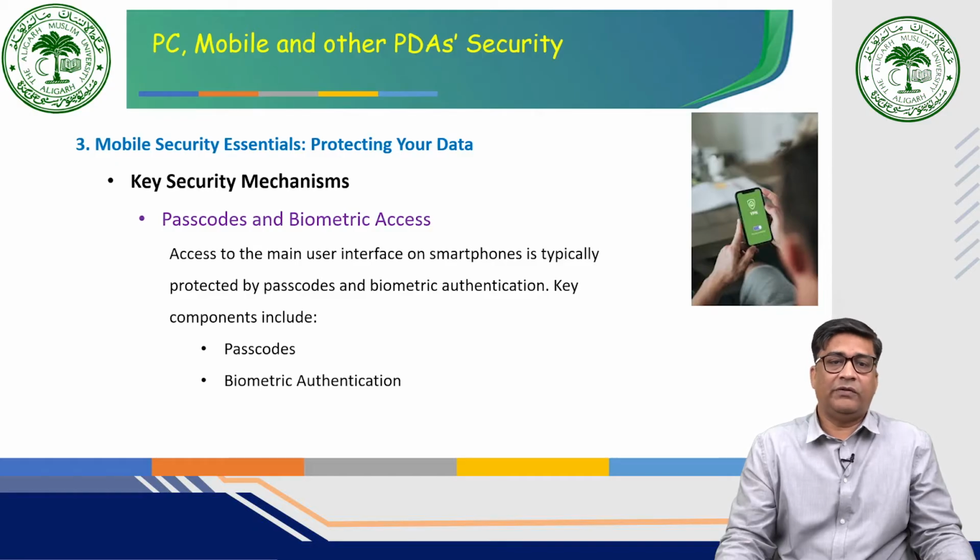Some of the technologies included here are passcodes. Smartphones use passcodes, which can be either alphanumeric or numeric, to restrict access. These codes can differ in complexity and length, with longer and more intricate codes providing improved security.